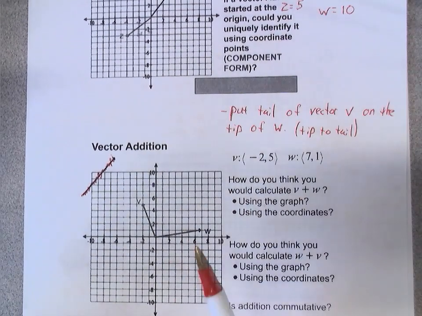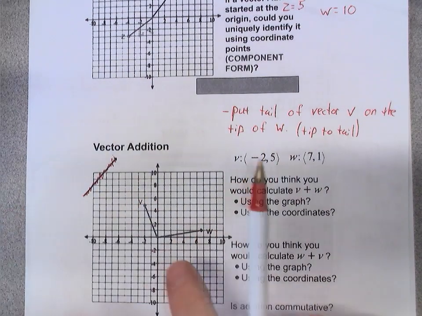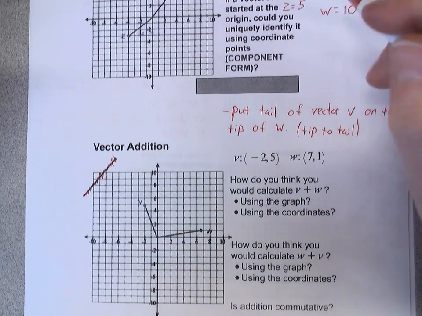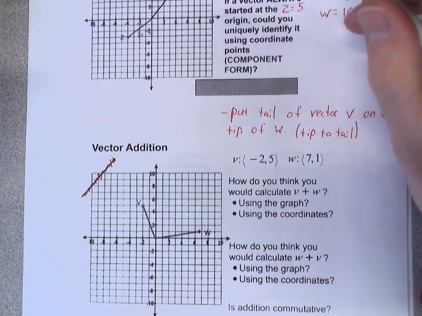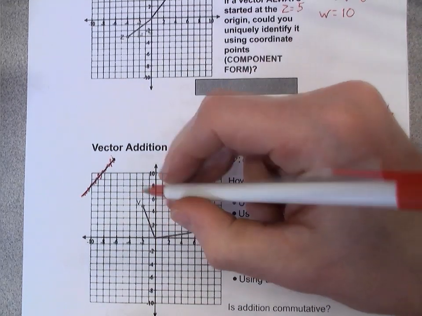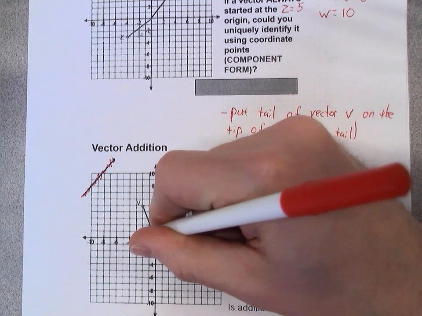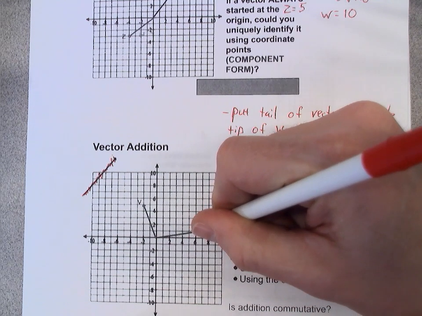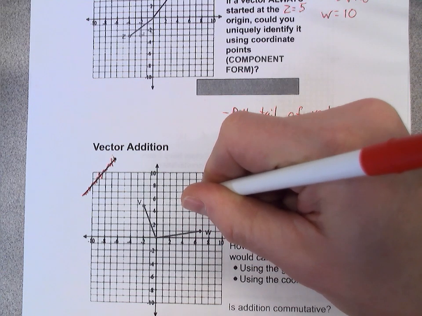Essentially, we're taking this and shifting it over so that it's still going at the same rate and direction that it would be. So if this is where the tip is, this line goes over 2 and goes up 5. So I would want to go over 2 and then up 5. 1, 2, 3, 4, 5.